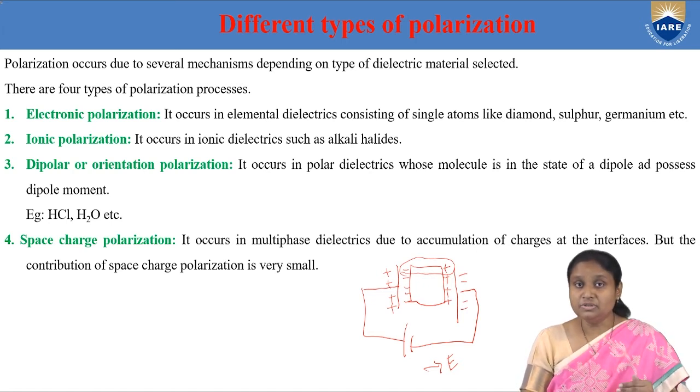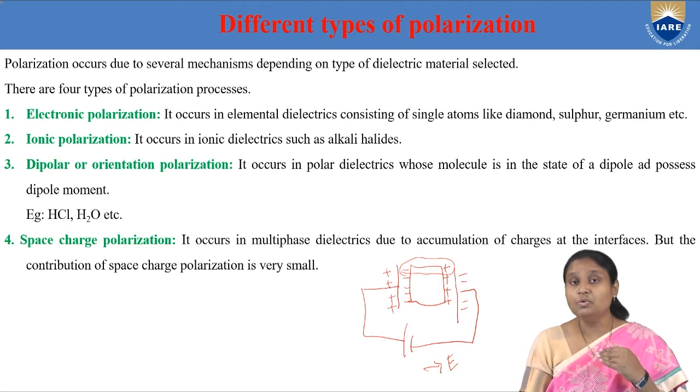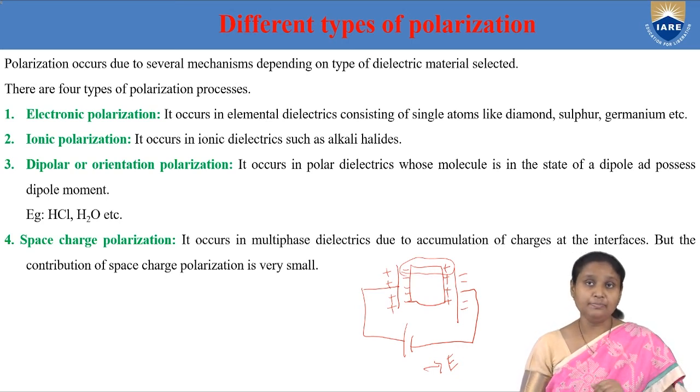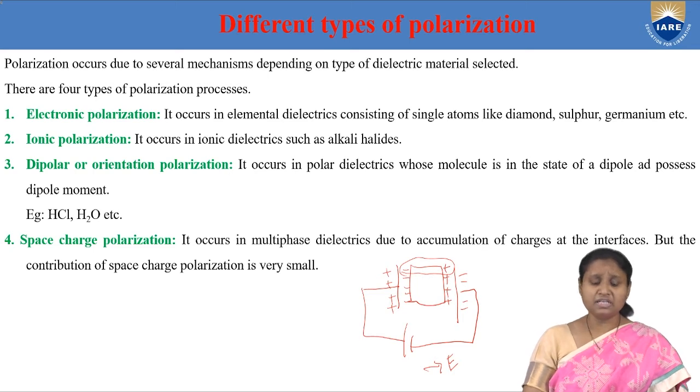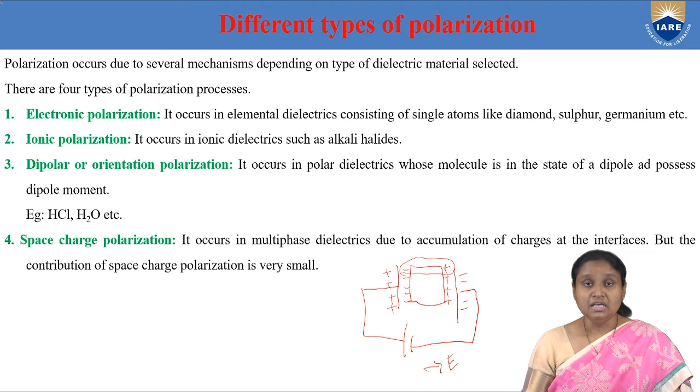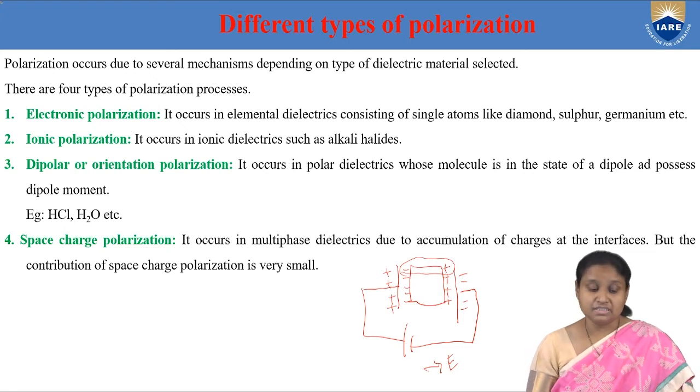But here we are going to take polarization one level further, and you will observe that even in polarization itself there are different types. Depending upon what type of material is selected, there are four types of polarization.